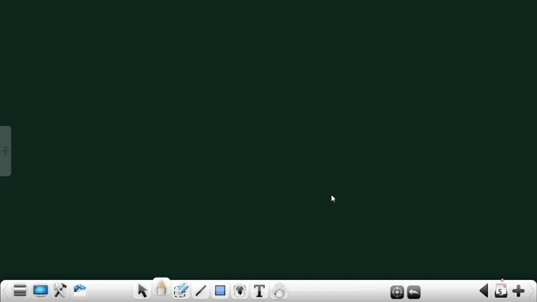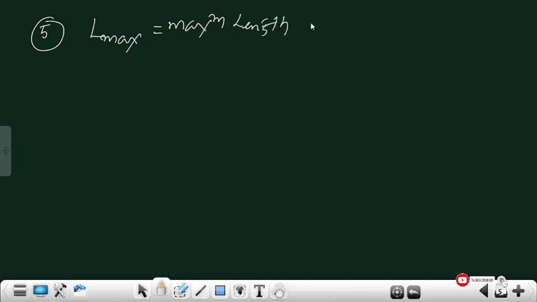Next parameter is number 5, L max, that means the maximum length we can measure, which is the maximum length required to be measured.